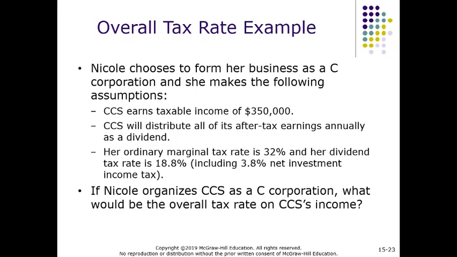Her ordinary marginal tax rate is 32%, and her dividend tax rate is 18.8% because she pays 15% plus the 3.8% net investment income tax. If Nicole organizes CCS as a C Corp, what would the overall tax rate be on CCS's and Nicole's income?